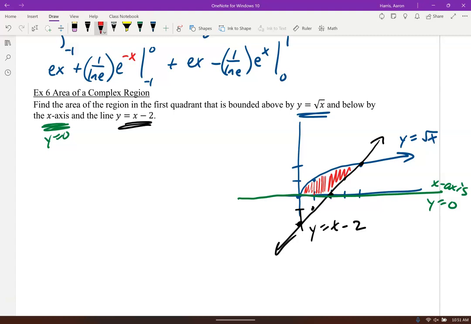Now, what I get a lot of the times is students will jump to, well, first they find the intersection. That's great. Find the intersection. Where does square root of x meet x minus 2? If you square both sides, make sure you check for extraneous solutions.